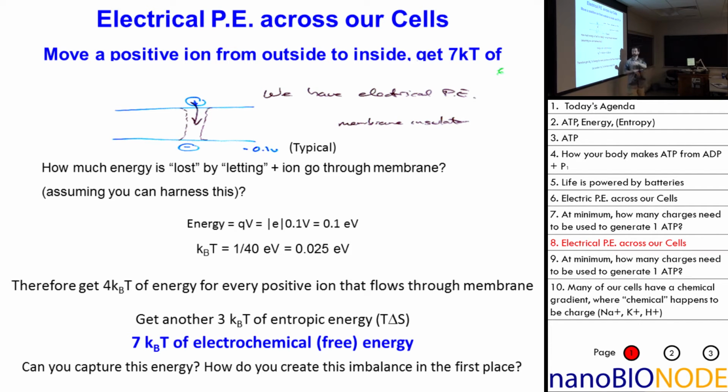So we want to talk about energy in units of kT, because that gives you a sense of, are you really loading a lot of energy or little energy? So kT is equal to a 40th of an eV. Yeah. And that's measured as just the average temperature of a human body.